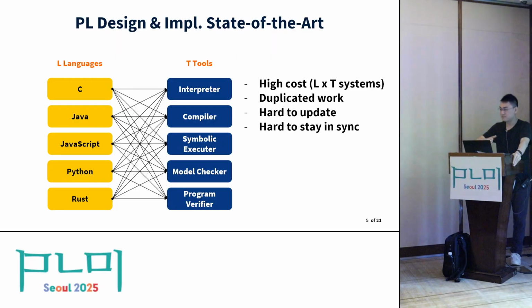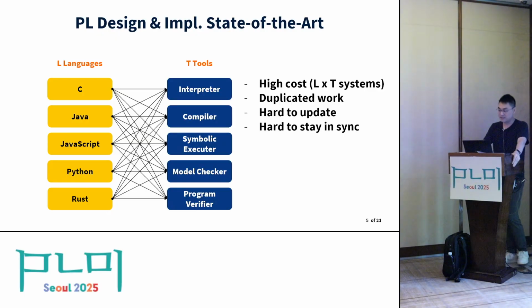What usually happens is that when a new version of the language comes in, the core, most critical tools like an interpreter or a compiler are immediately updated, but all the other tools like verifiers or model checkers start to deprecate. Why? Because no one is there to maintain and update them.